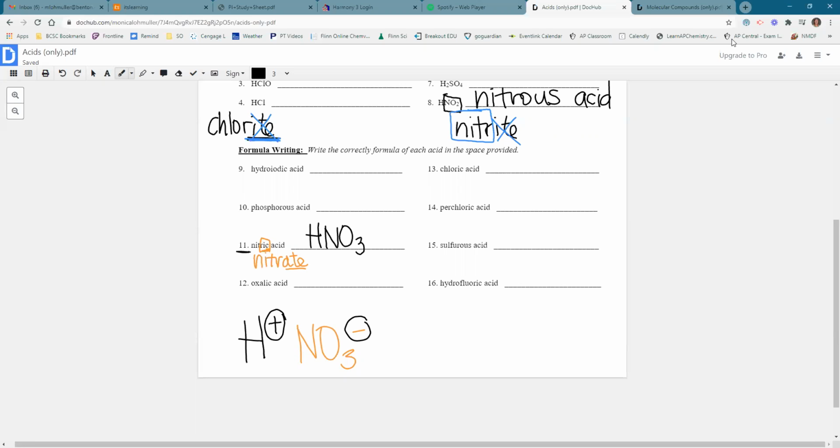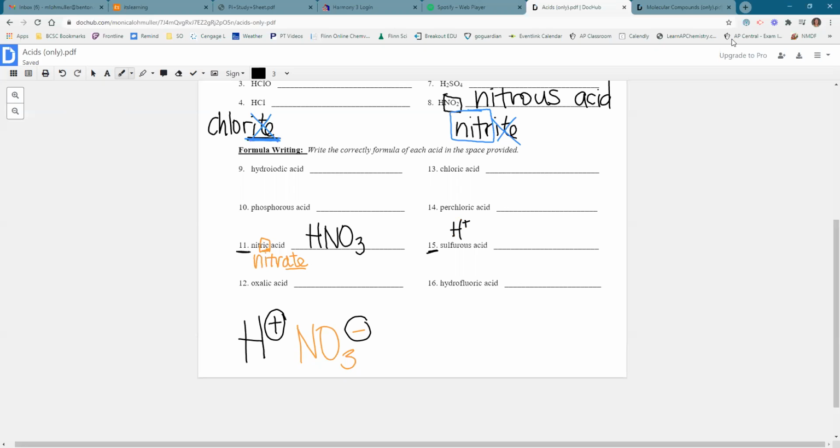Now let's try one, Levi, like what you were asking about, where there's more than one H. So let's do number 15. Okay, so we have sulfurous acid. So we know it's going to combine with H+1 first.